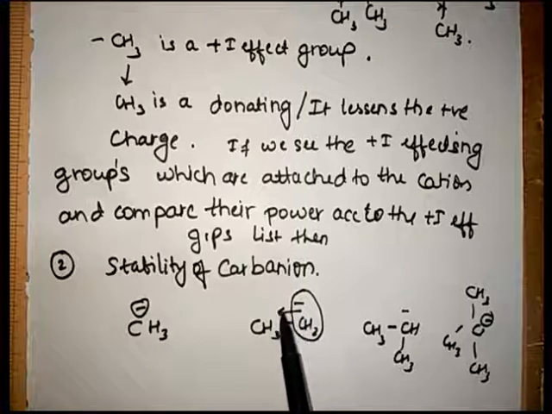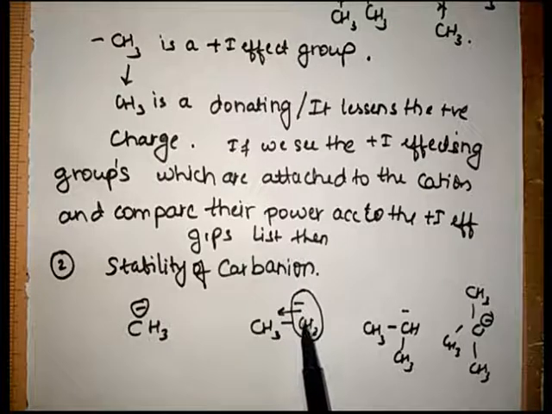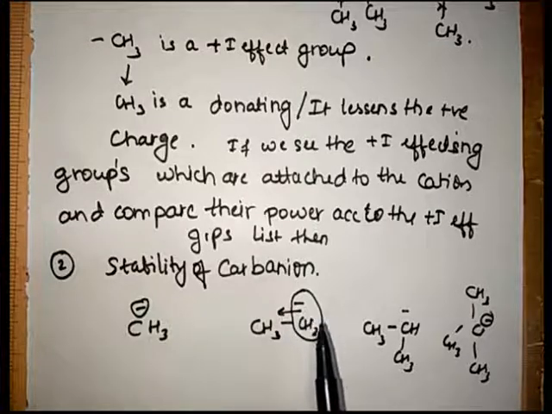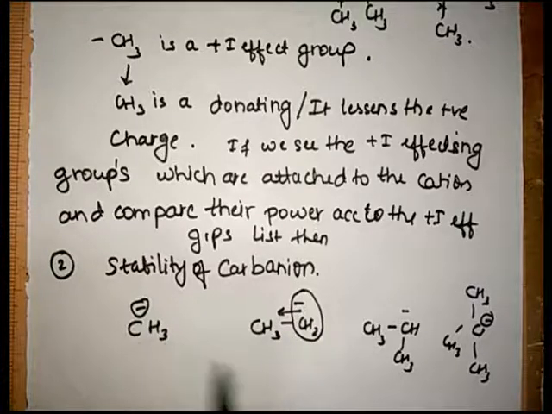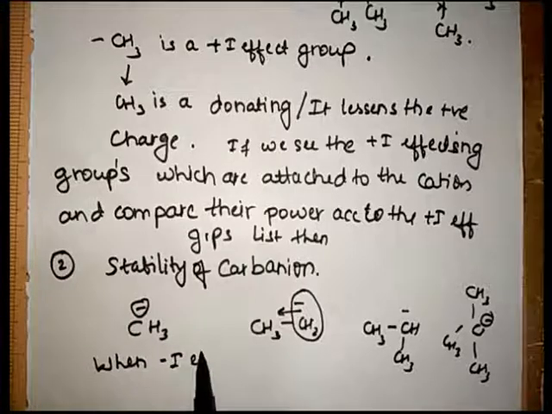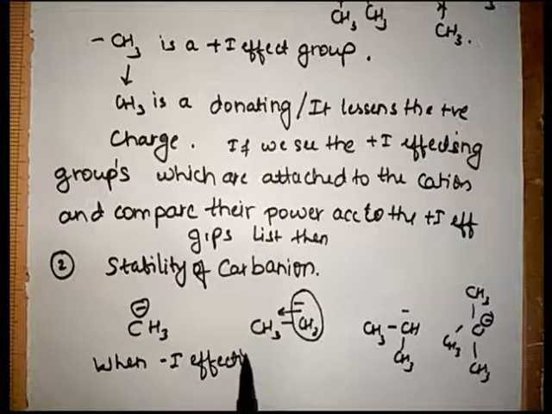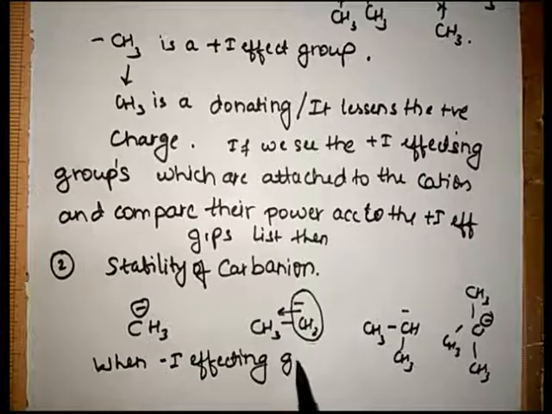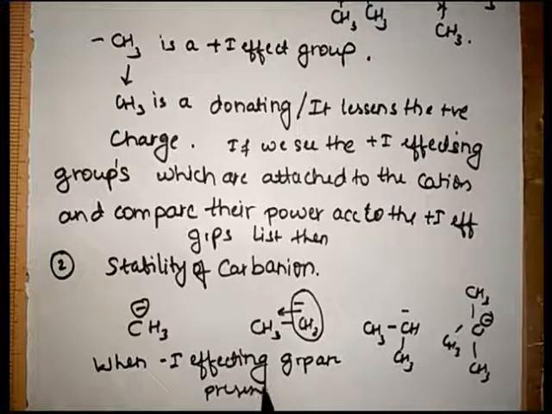Electrons should be withdrawn from it to gain stability, or it wants to donate the electrons so that it itself becomes stable. Hence, when minus I affecting groups are present, it will be stabilized.